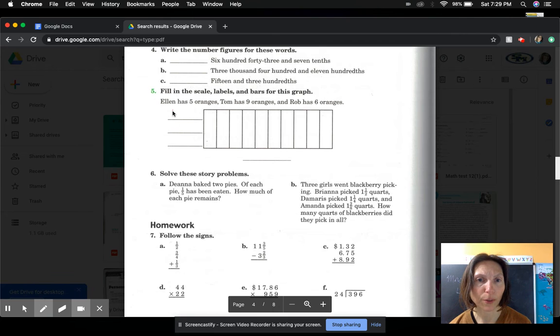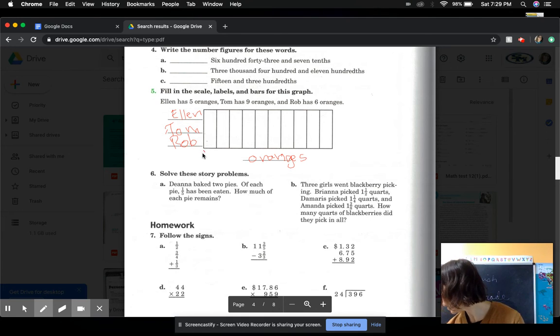So for our labels here, we have Ellen, Tom, and Rob. And our scale is going to be 0, 1, 2, 3, 4, 5, 6, 7, 8, 9, 10.